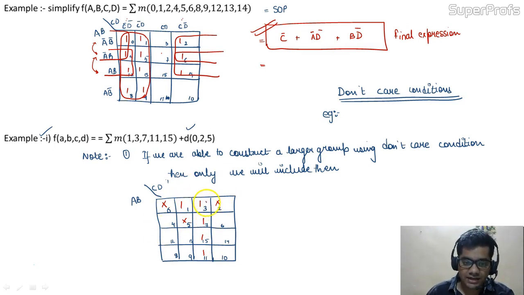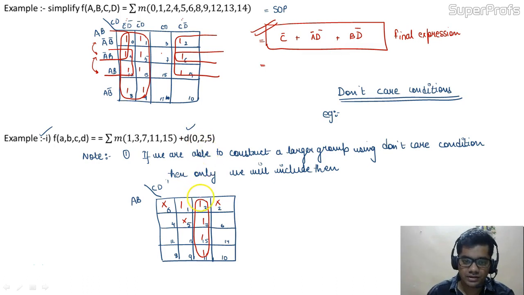So the first quad can be this. Now the second quad can be this one, in which there are 3 minterms and 1 don't care condition, or it can be 2 don't care conditions and 2 ones. But we take the quad in which there is the minimum number of don't care conditions.